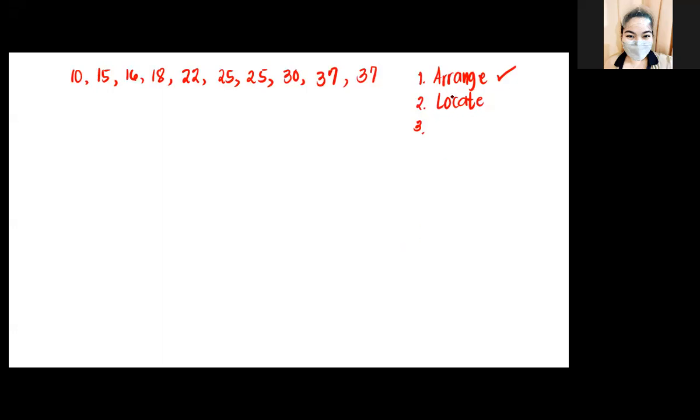And then after locating, of course, you have to determine the data at that location. Since we are done arranging, we are going to locate.